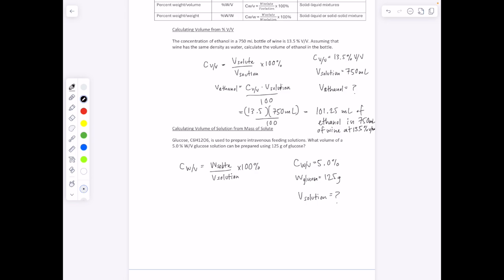We can rearrange this equation. The volume of solution is equal to the weight of glucose divided by the concentration of glucose in weight per volume times 100.